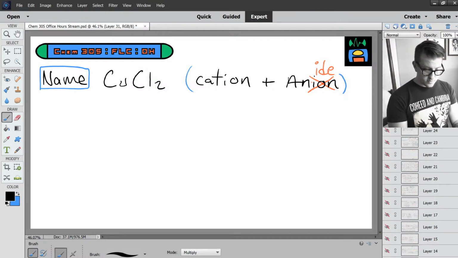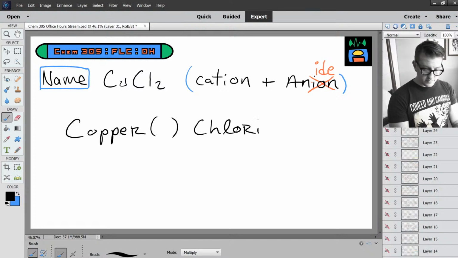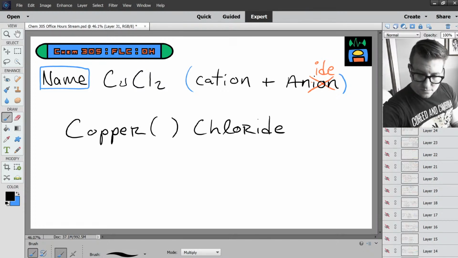Cu, its name is copper something, copper blank, and then Cl is chloride. Copper blank chloride. All right.